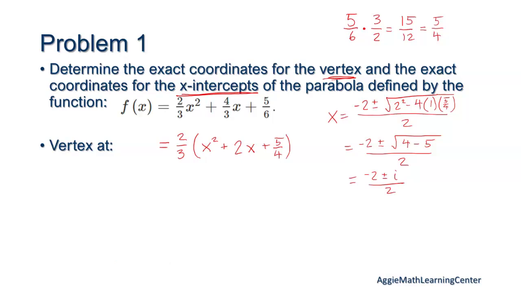It won't show up on the graph. So this tells you that your two x-intercepts are both imaginary, so you don't actually have any x-intercepts, okay? Your x-intercepts have to be an actual number that we're used to. These imaginary ones tell us that there are no x-intercepts.